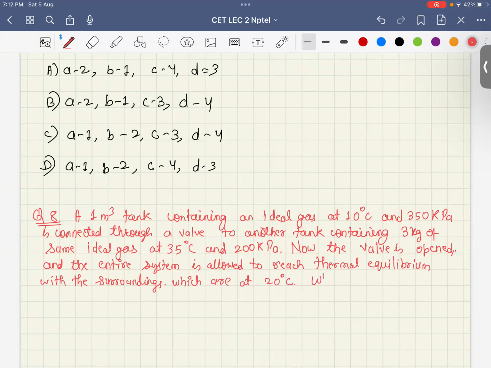What we are asked is, what is the volume of the second tank?